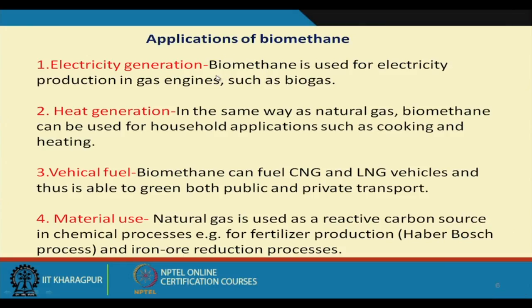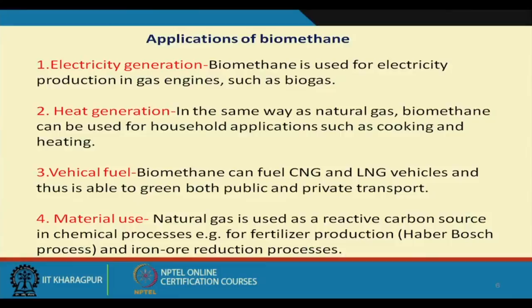Application, I told you, the biomethanation process has several applications: electricity generation, heat generation, vehicle fuel and material use. Natural gas is used as a reactive carbon source in chemical processes, for example fertilizer production, and the iron ore reduction process is also largely used.